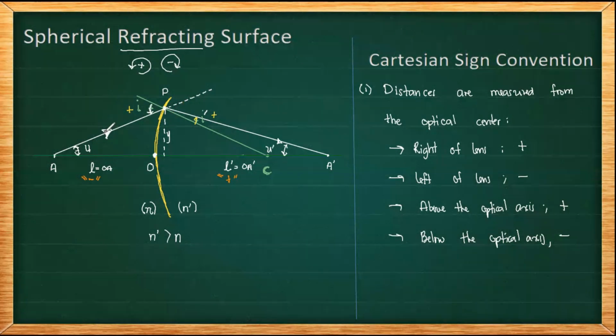Okay, so what else do we need to put signs into? We also need a sign convention for these angles here, U and U prime. Now these angles follow a different sign convention.